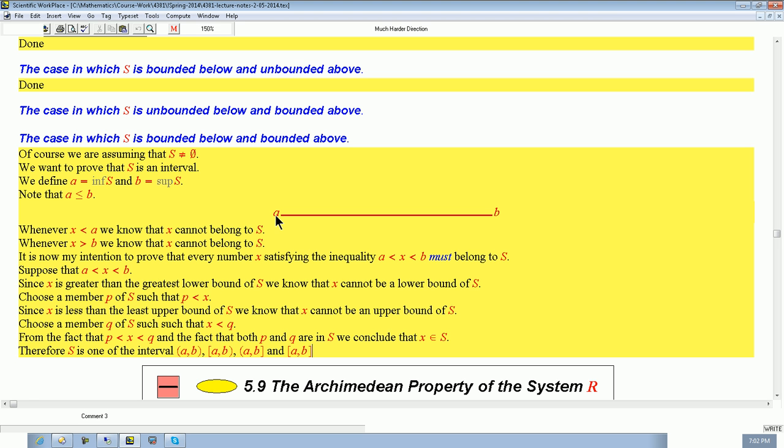For this purpose, since X is less than B, less than the least upper bound, it's not an upper bound. It wouldn't have been good enough if you had less than or equals; that would have destroyed it. To be able to make a definite statement, this number cannot be an upper bound because it's less than the least upper bound.